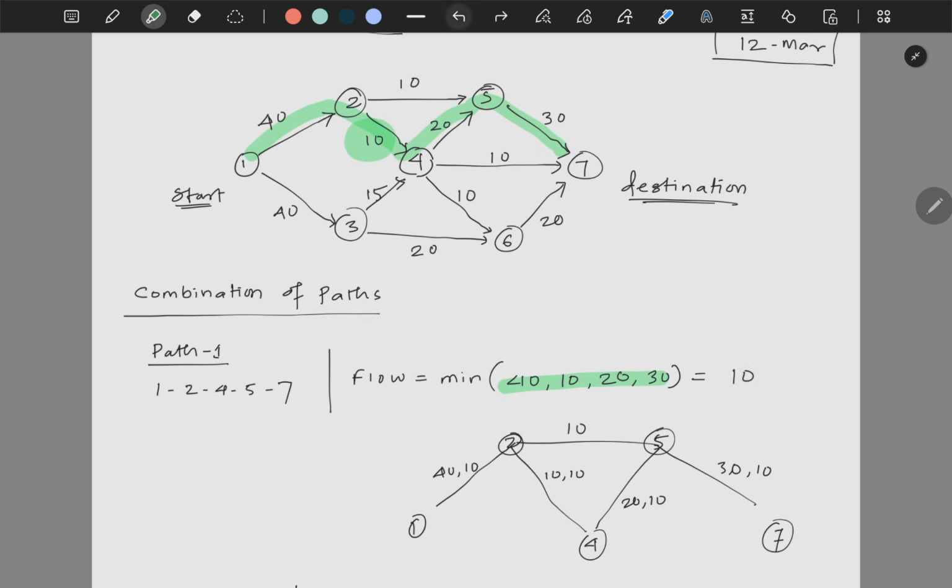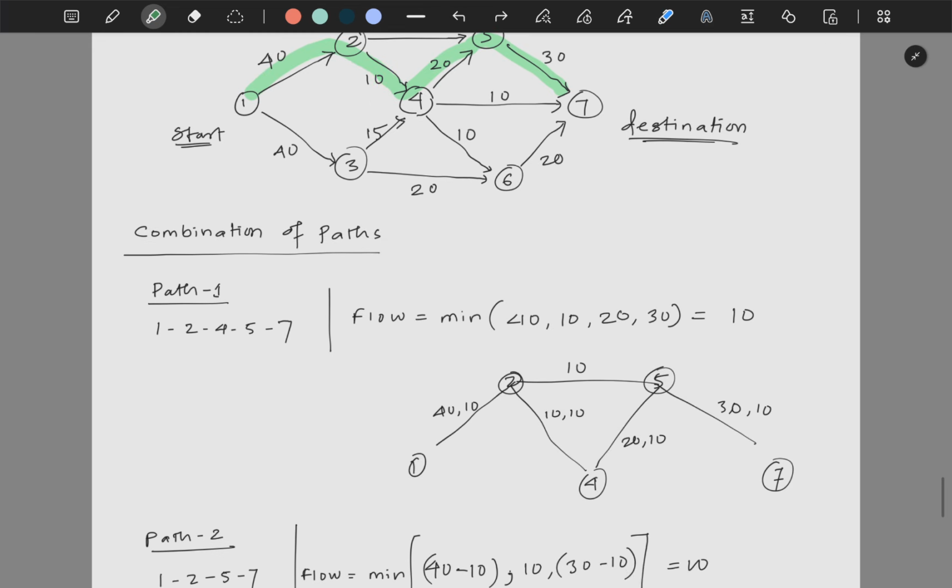I'll draw the path again and do the calculation once more. From node 1 to node 2, 10 liters of liquid is flowing. So out of the maximum capacity of 40, 10 liters is already flowing.